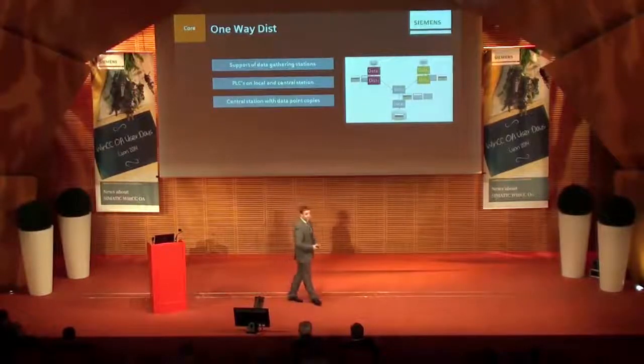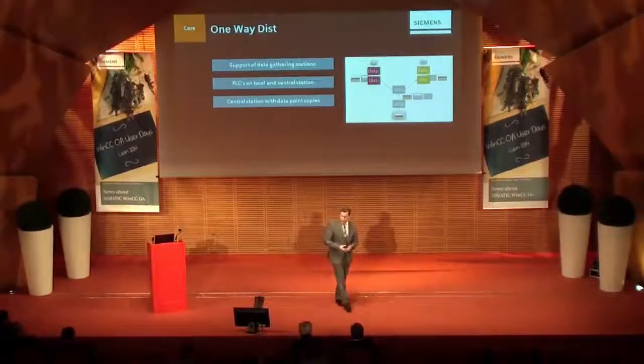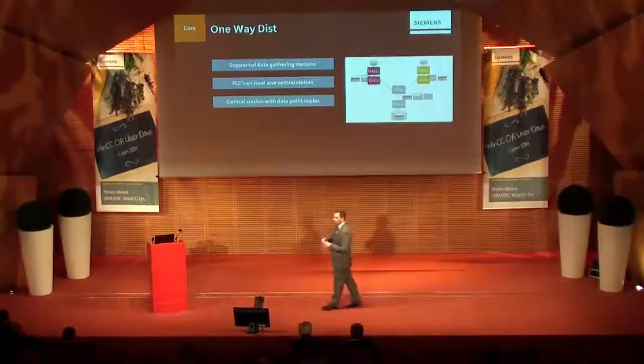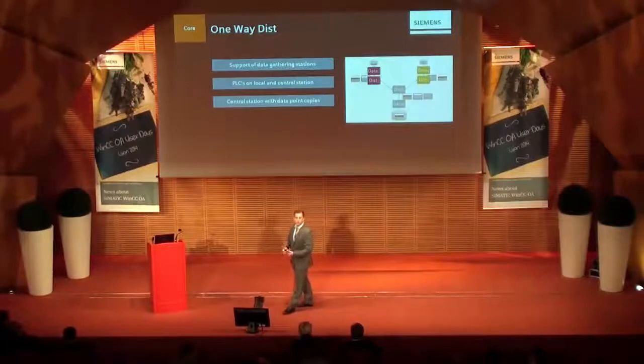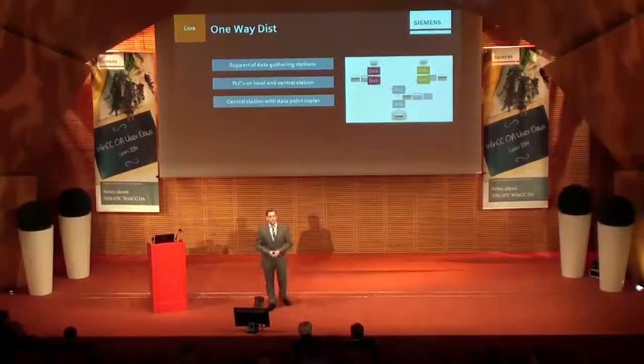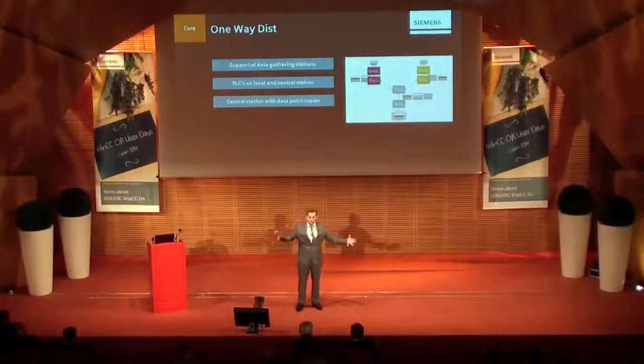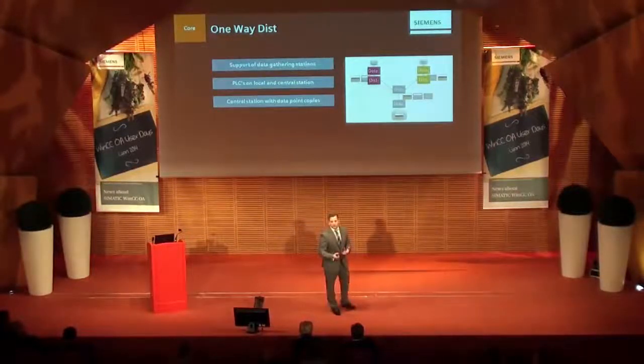What is one-way dist? You have a big distributed system, and all your distributed systems are configured as a data gathering station. So you have one centralized station which has all the information of all your connected systems.